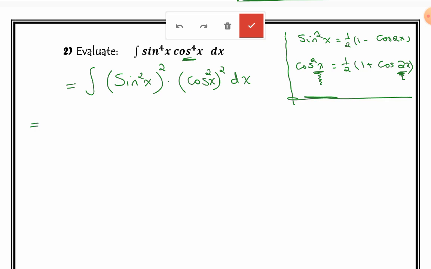Okay, so here substitute for sine squared x, 1/2 into 1 minus cosine 2x.